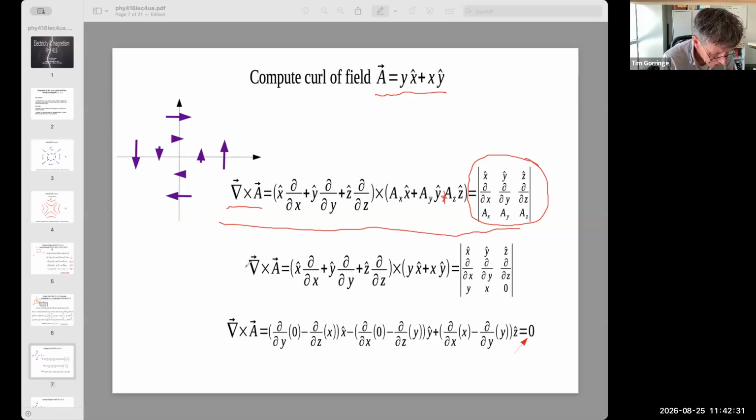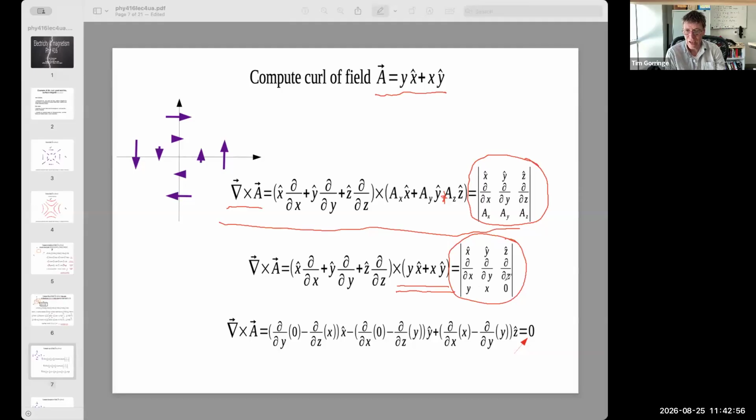In our particular case, our field just has an x and y component. The x component is just in proportion to the y coordinate, and the y component is just in proportion to the x coordinate. And so I can fill that into the determinant here.